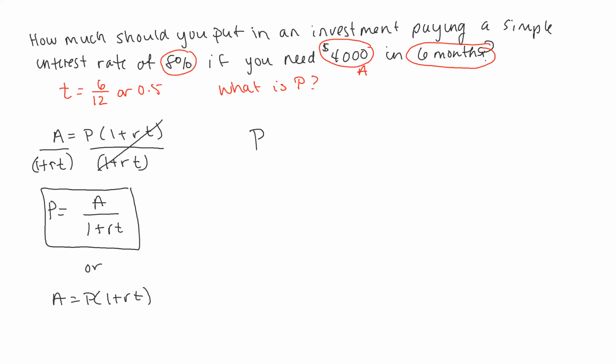Okay, so we don't know what P is, so P equals 4,000 divided by 1 plus 0.08 times 6 over 12, or 1/2. Okay, so in your calculator, you would type in 4,000 divided by parentheses 1 plus 0.08, and then parentheses 6 divided by 12, or you could just do 0.5. 0.5 is easier in this case, but I'll show you the long drawn out version.